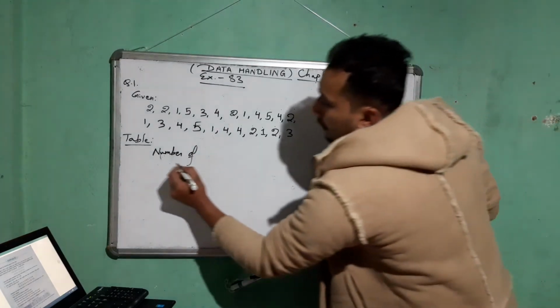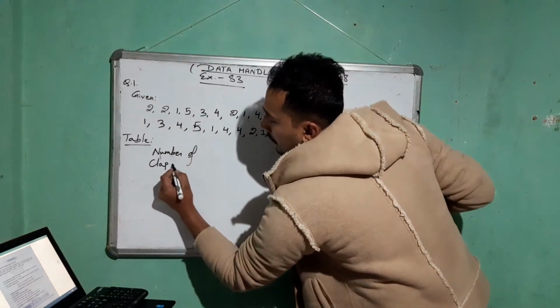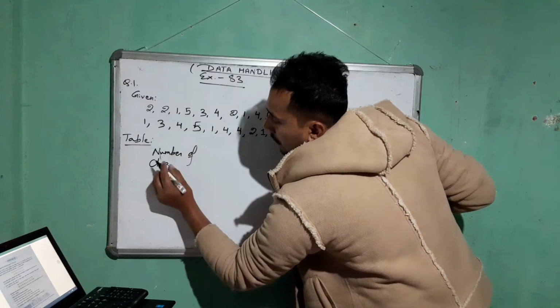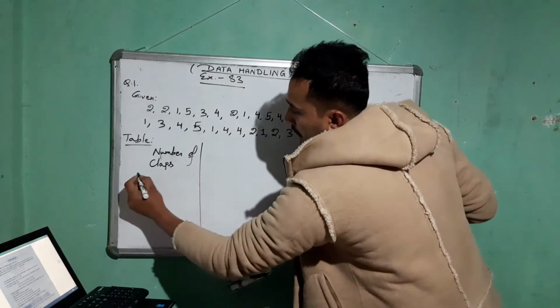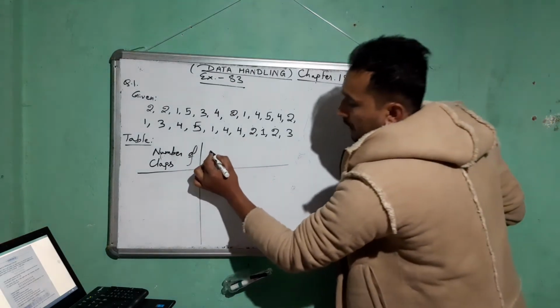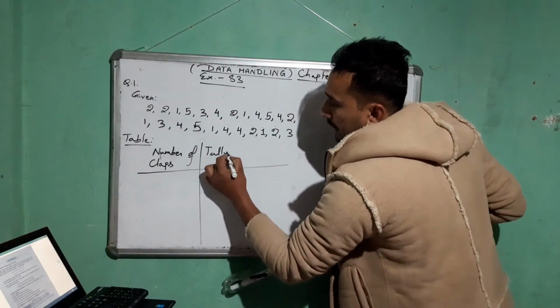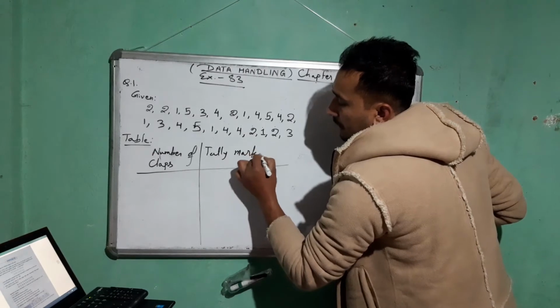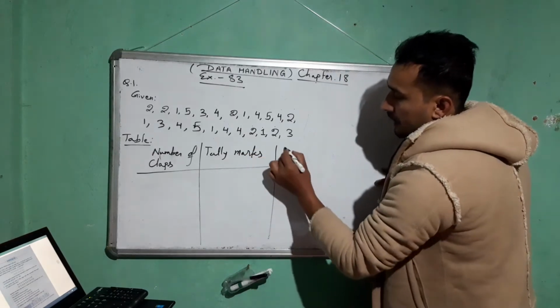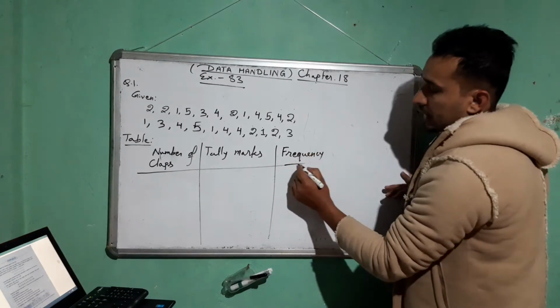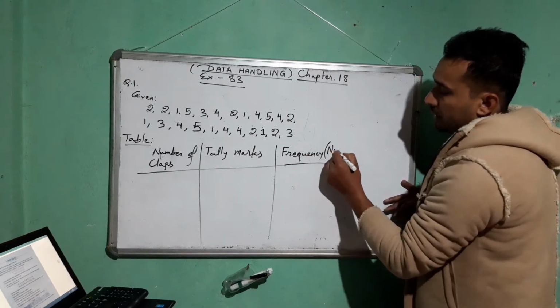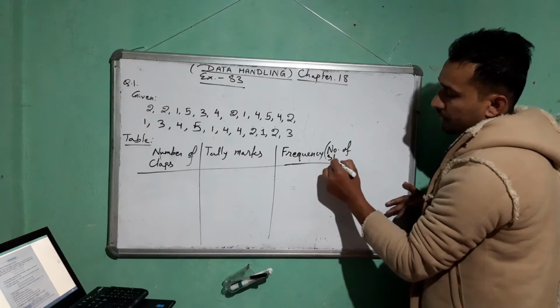Number of claps, then tally marks, after that frequency, otherwise number of students.